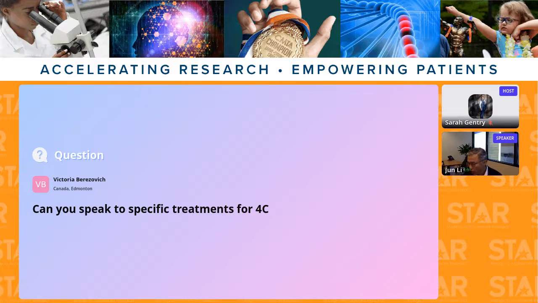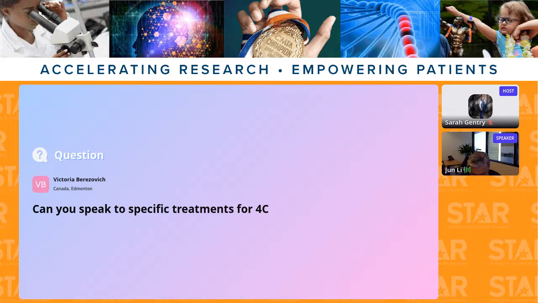Yeah, specific 4C is less familiar to me. It means the therapeutic development, but I will briefly introduce what I know about this.